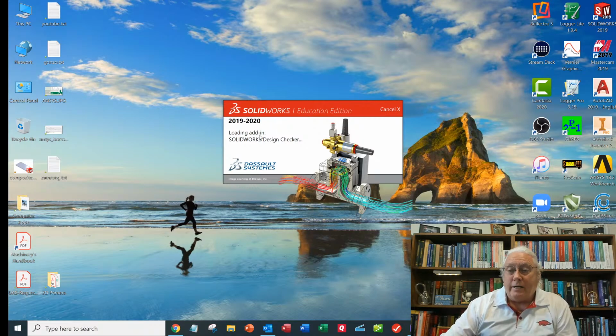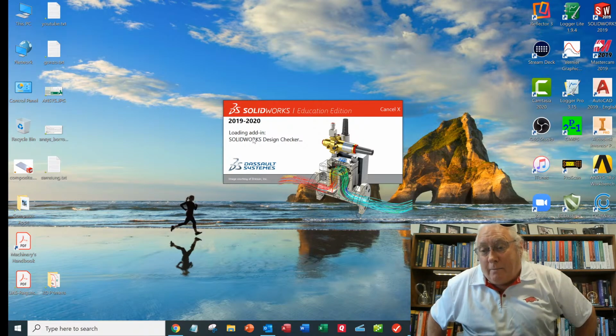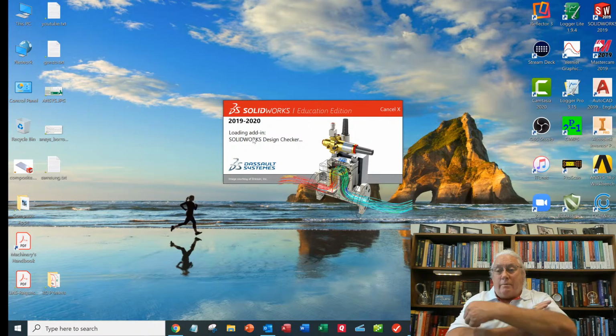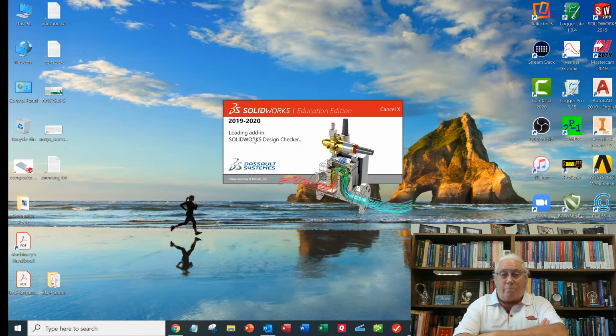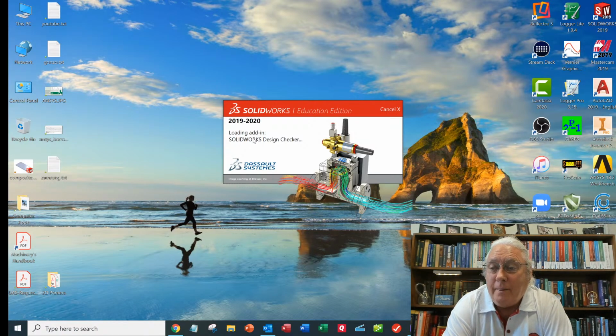So here are those add-ins it's loading. Depending on how many I'm going to load, it adds quite a bit of time to the load time, but see if it doesn't load that premium simulation, and then allow us to get to that module to see what kind of options we have for the different anisotropic materials.